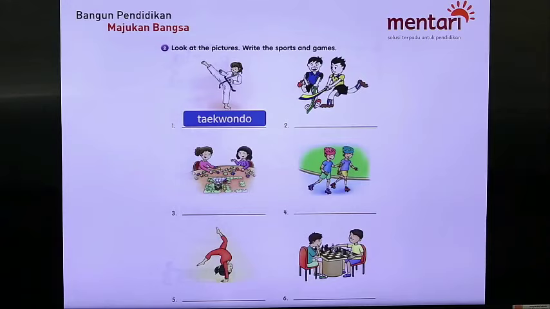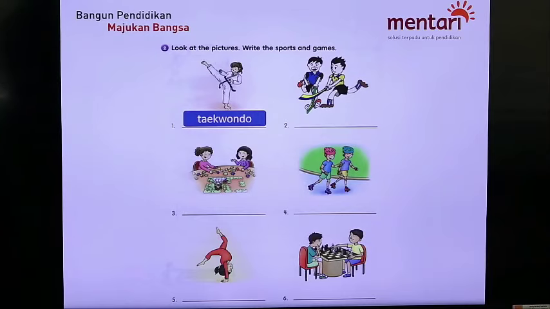So basically, taekwondo is a martial art. If you join taekwondo, they will teach you how to defend yourself or how to fight back against a bad guy in case of emergency. I think this is going to be very useful for a girl because sometimes the bad guy is always looking for the weak girl.